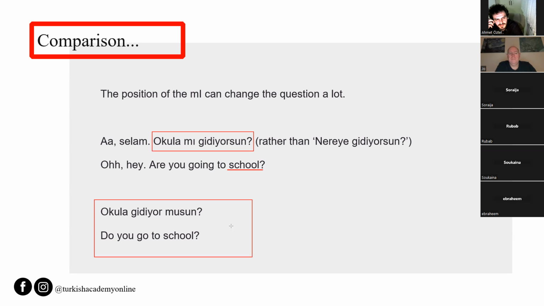Unfortunately, in Turkish books, I think in the Dilmer book they mentioned this topic, but in all the other course books that I've seen, none of these mentioned it, but I think it's quite important. It's good to know.